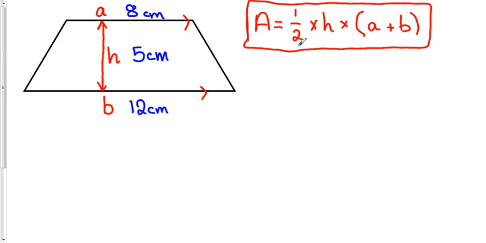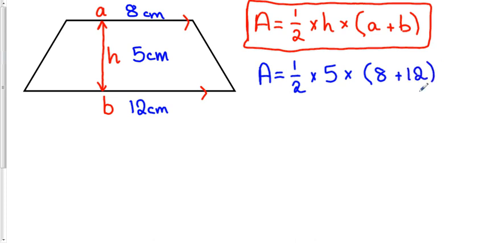So imagine that I have written this formula out, and I'm now going to write out the line where I substitute into it. So I have A for area is going to be a half times the height of 5 times A plus B, which is 8 plus 12. So I'm going to do my maths: it's half times 5 times 20, because 8 plus 12 is 20.